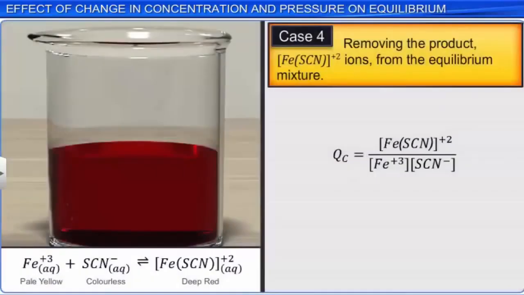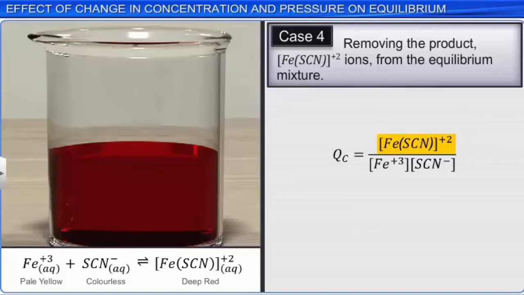Case 4. Removing the product FeSCN2+ ions from the equilibrium mixture. On removing FeSCN2+ ions from the equilibrium mixture, the value of the numerator in the equation for reaction quotient decreases.